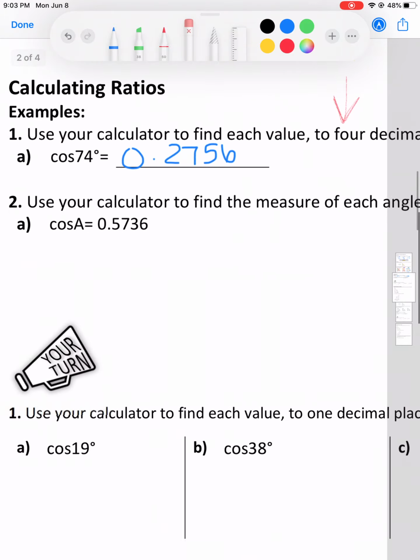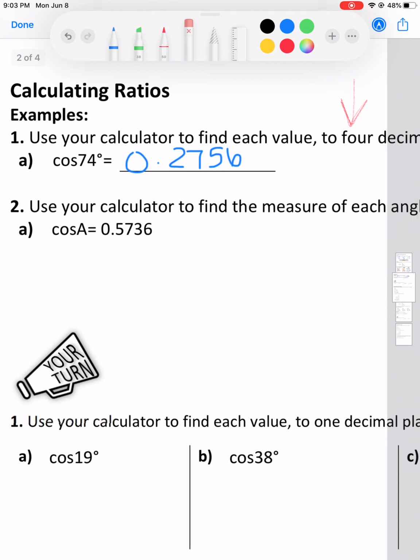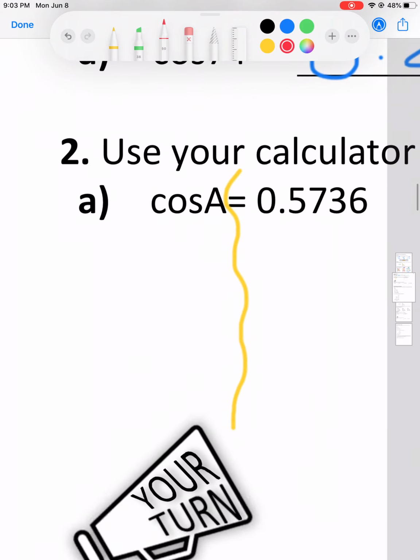Okay. So use your calculator to find the measure of each angle. Remember, we need to find the measure of A. So we're going to do our left side, right side. You don't necessarily need to do this, but still. We can't just simply divide by cos, because that doesn't work with respect to cosine. We need to do cos to the -1.